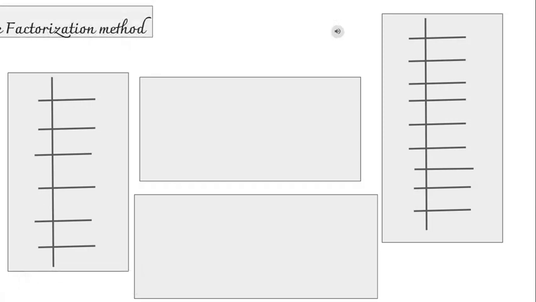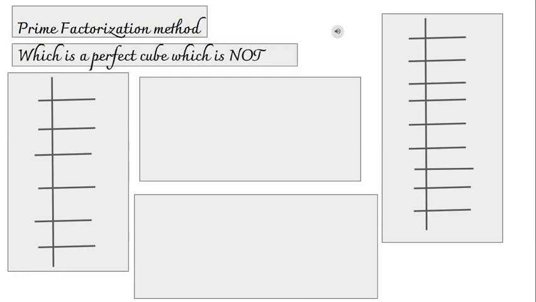Let me start our next topic, that is finding a cube by the prime factorization method. How do we find which is a perfect cube and which is not? So now comes our next challenge, isn't it? If we are given any random number, how do we decide whether that number is a perfect cube or not?